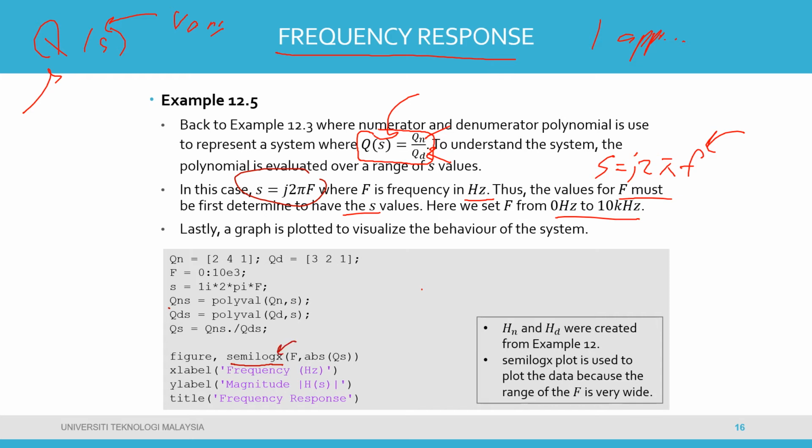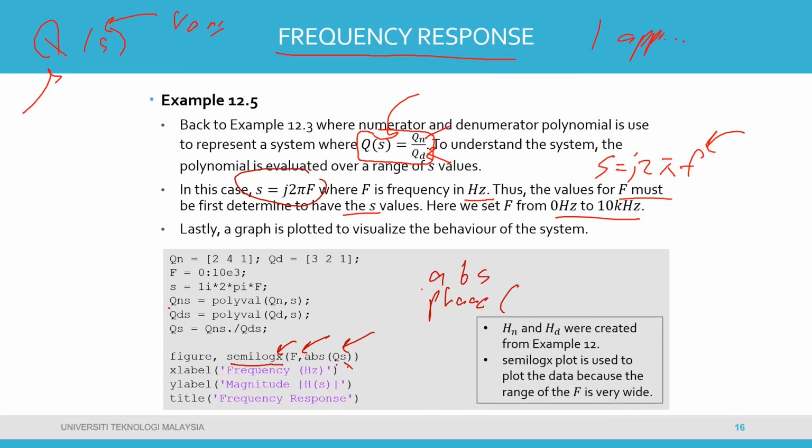That's why it's called semilogx, where the log is on the x axis, which is the frequency. So you insert the frequency and you insert the absolute value. If you want to look at the magnitude, you have to use abs, and if you want to see the angle, it is phase.